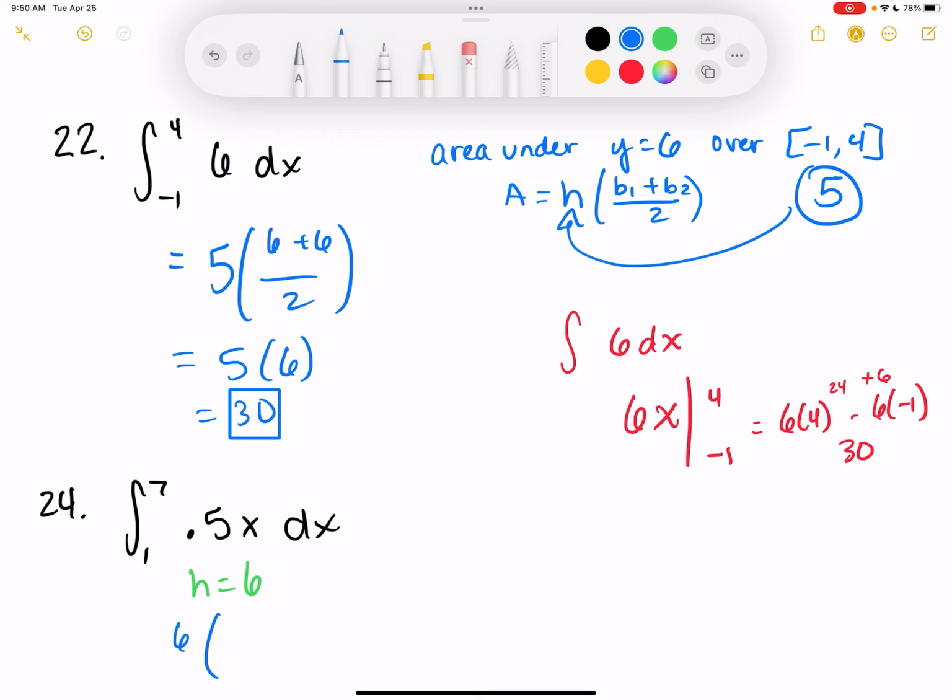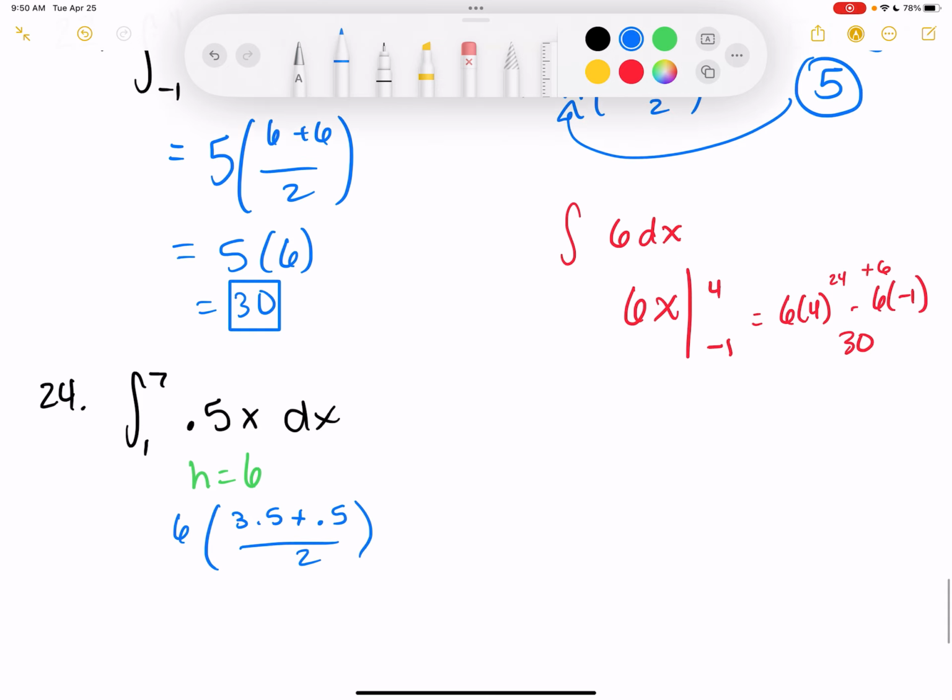What's half of 7? 3.5. 3.5 plus half of 1, 0.5, over 2. So 4 over 2 is 2. 2 times 6 is 12.